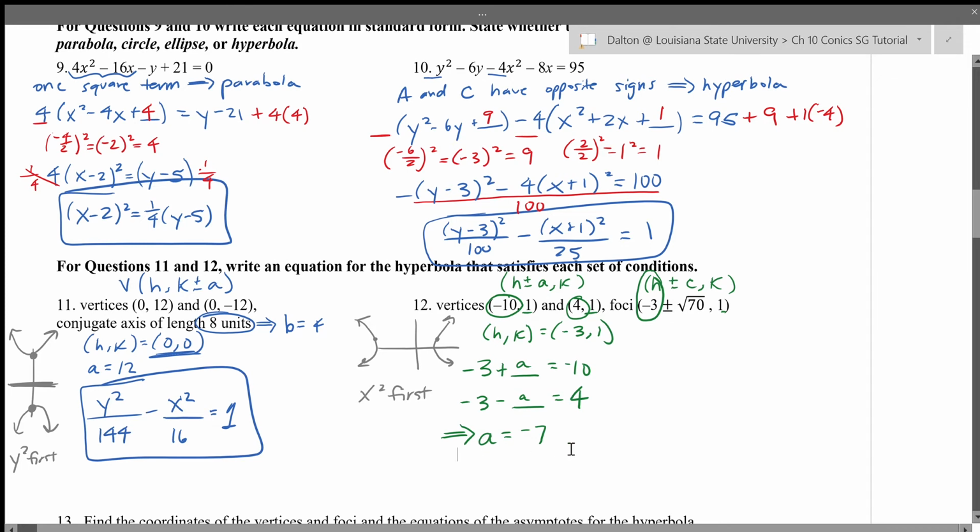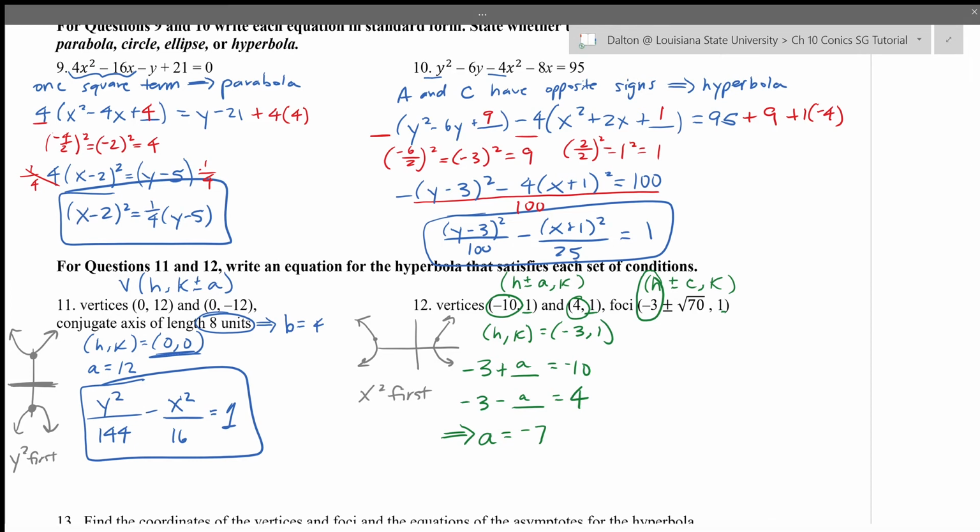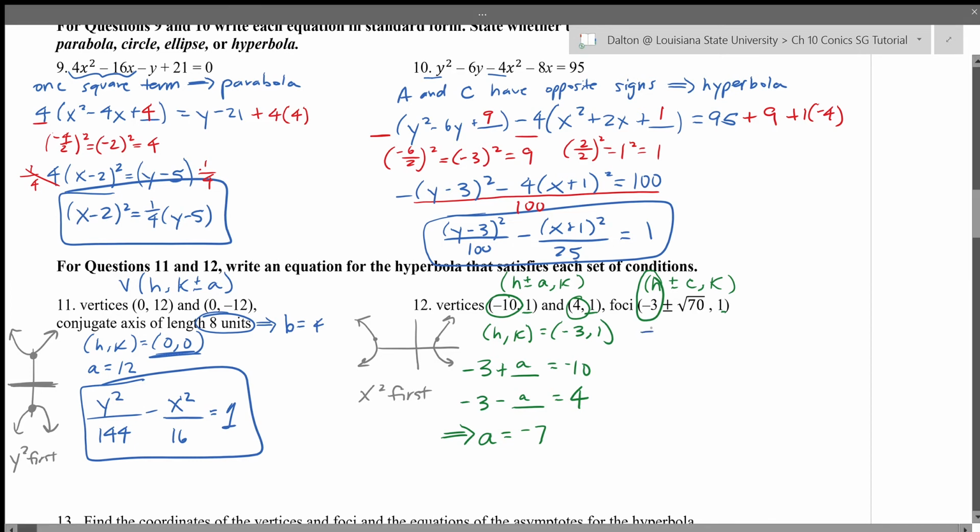Okay, in a hyperbola, we know that c is equal to the square root of 70. And in a hyperbola, we know that c squared is equal to a squared plus b squared. Then we already know a and we know c, so I can substitute those values in to figure out what b is.